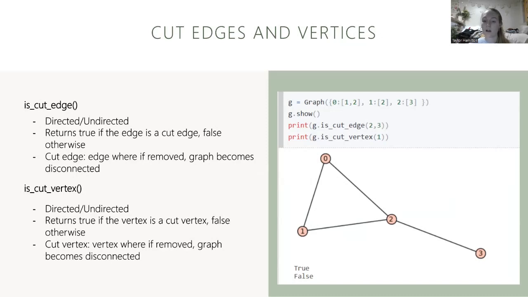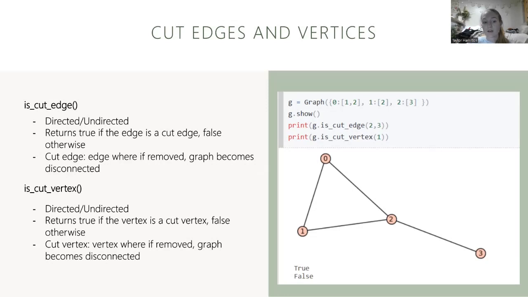In my example on the right here, I have this graph G, and I call is cut edge on the edge from vertex 2 to vertex 3. SageMath will return true because that edge right there is a cut edge. If you were to remove the edge from 2 to 3, the graph would no longer be connected because you'd have your isolated vertex 3 and then 0, 1, 2. So there would not be a path between each pair of vertices.